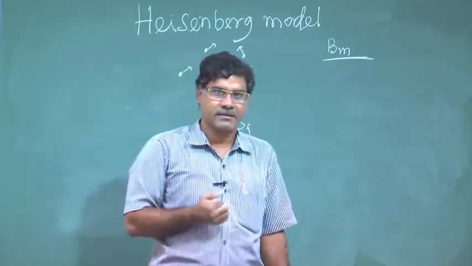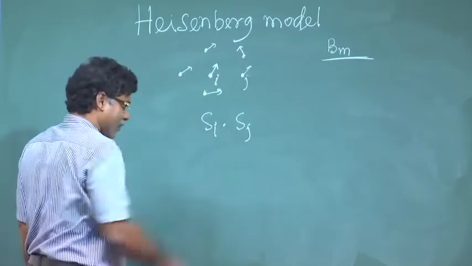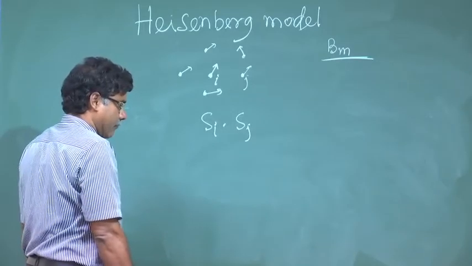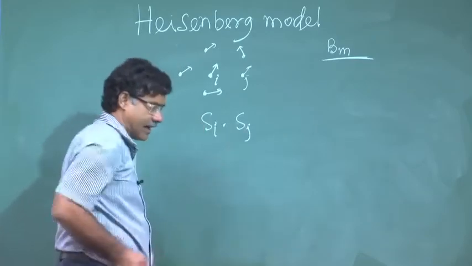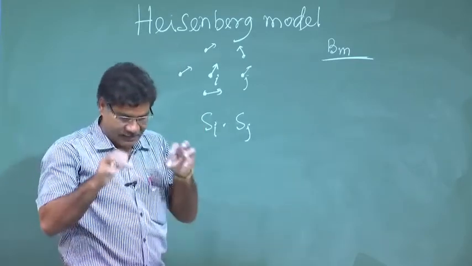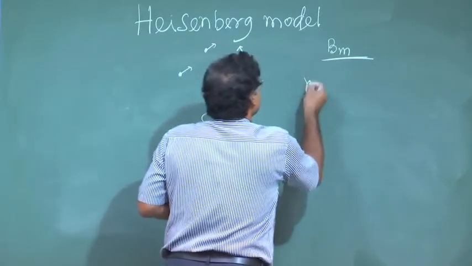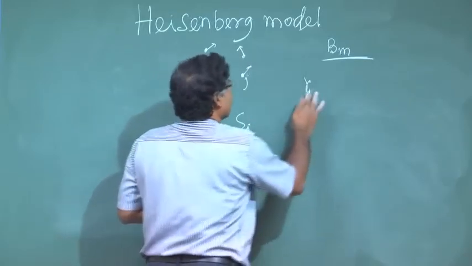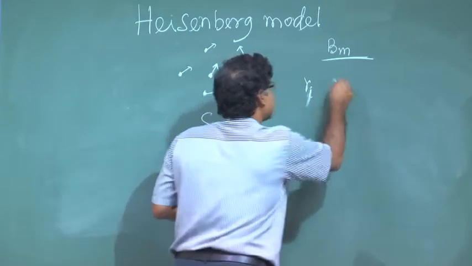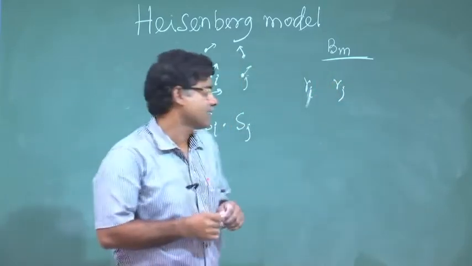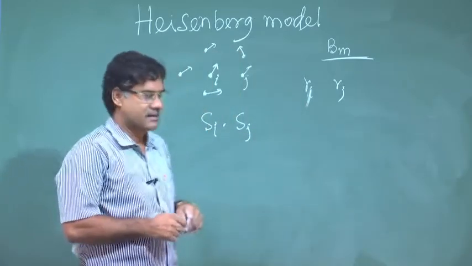How will they interact? Basically, the ith and jth electrons are in a lattice, so they have positions, spatial coordinates Ri and Rj, and they have spin parts Si and Sj.